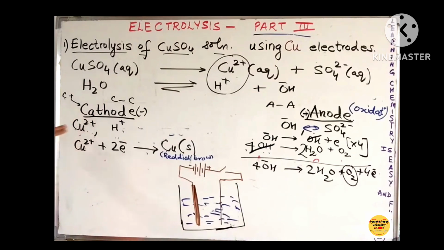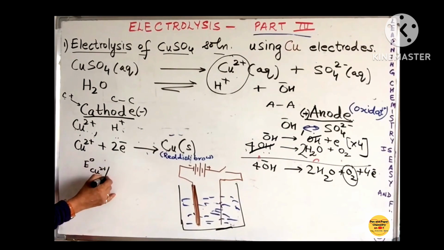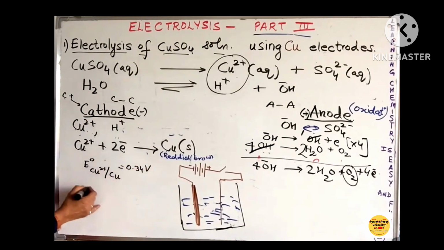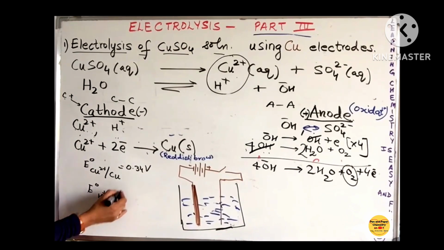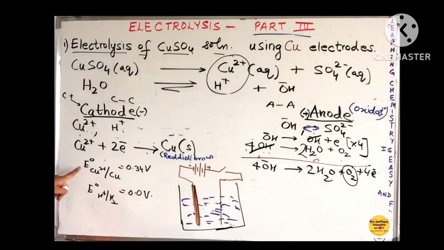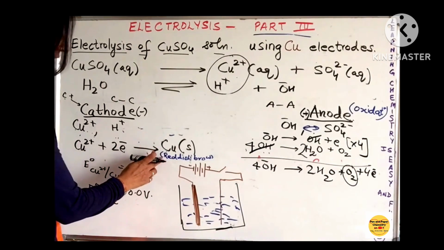We've got copper ions, we've got hydrogen ions. There's a competition, electrode potential of copper being higher, that is 0.34 volt, compared to hydrogen, which is just 0 volt taken arbitrarily as 0 volts. Copper gets discharged, and here copper is a reddish brown powder.